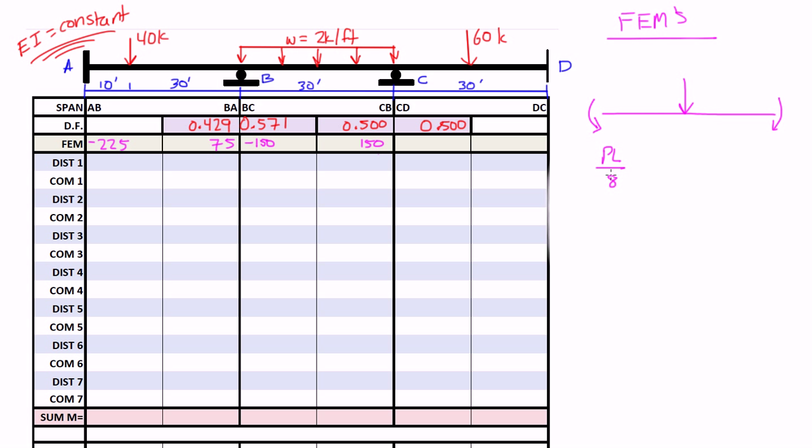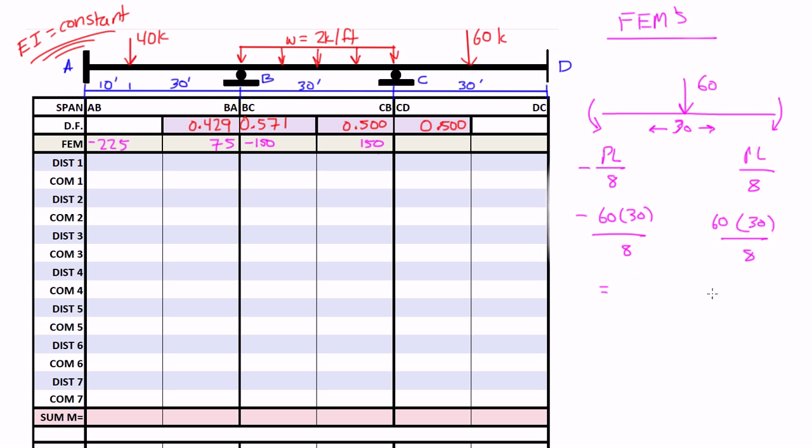Remember, it's P L over 8 on the left side, P L over 8 on the right side. P is 60, so negative 60 times length is 30, right? 30 divided by 8, and then on this side again you have 60 times 30 over 8.